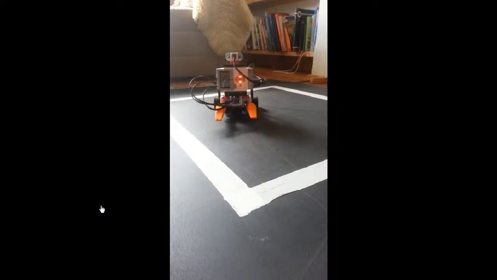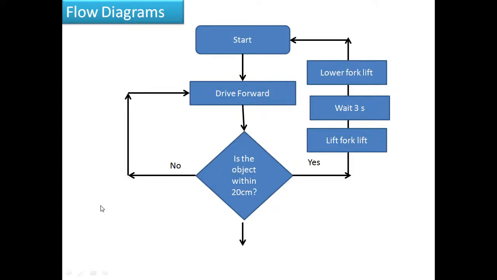Let's now look at a flow diagram for this. So once again, we begin with a start command. Then we move down to our action command, drive forward. Is the object within 20 centimeters? No, everything's clear.